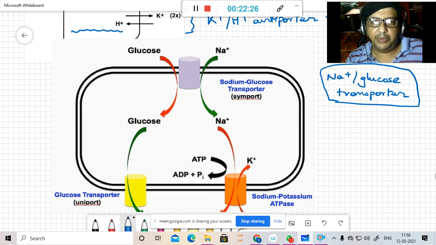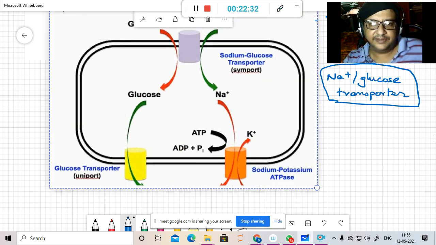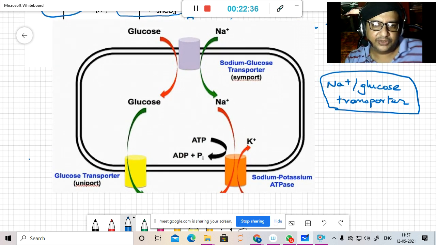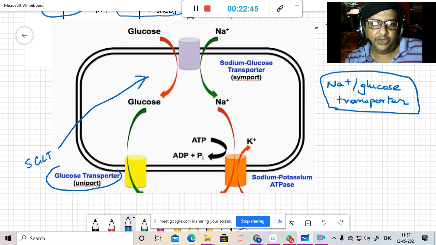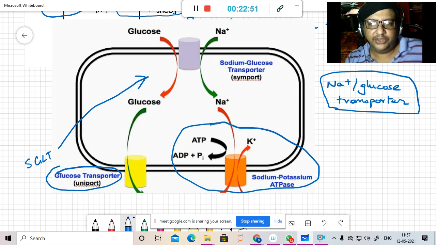Sodium enters, it pulls in glucose. Then you have this SGLT, sodium glucose transporter. This is the uniport, only glucose passes through these channels. And this is of course the active transport, the sodium potassium ATPase transporter.